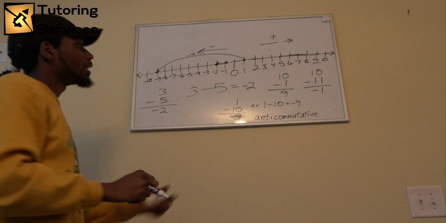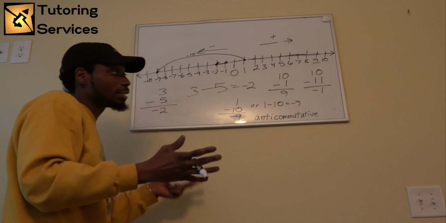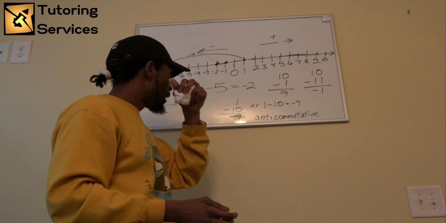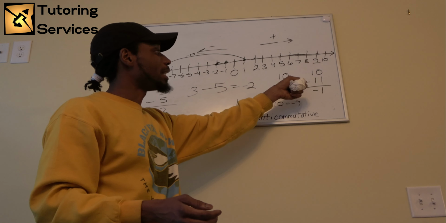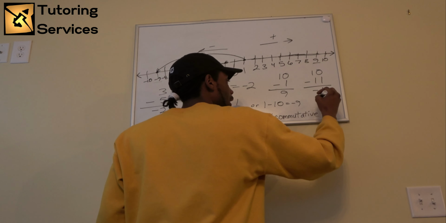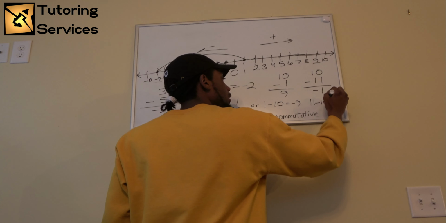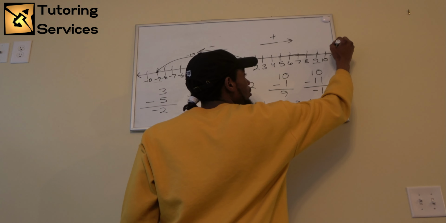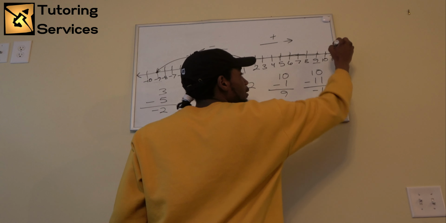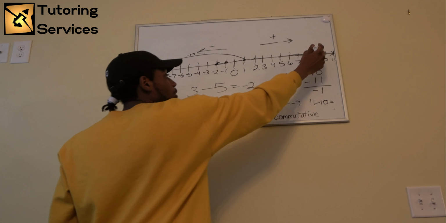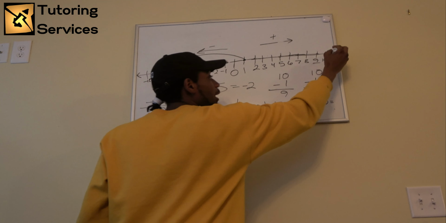Alright? Now if that's true, if we expected an inverse, if we were to switch it around, then that would mean that 11 minus 10 should equal 1. Right? Let's try it out. 11 minus 10 equals, we start at 11, which would essentially be the next number over here. Let's start at 11. And we subtract 10. Well, if we subtracted 10, we're going towards the left by 10, right?